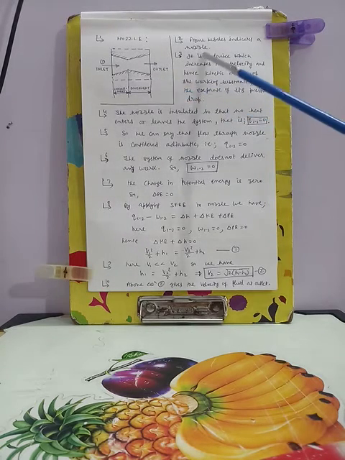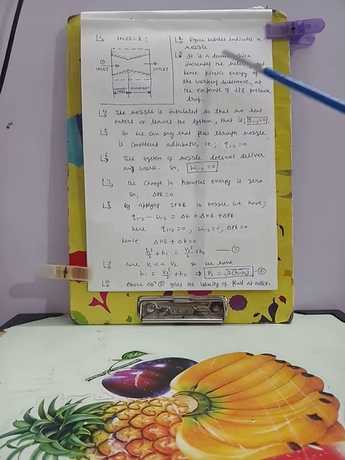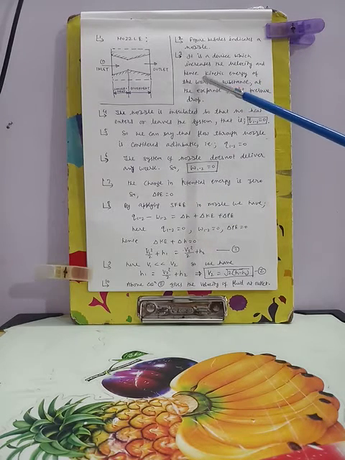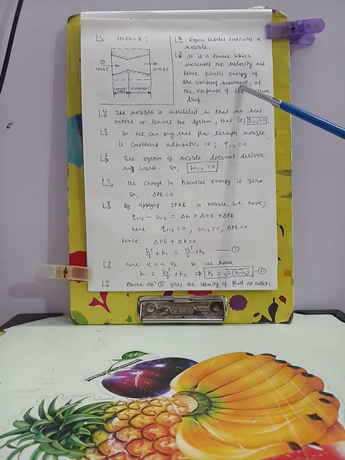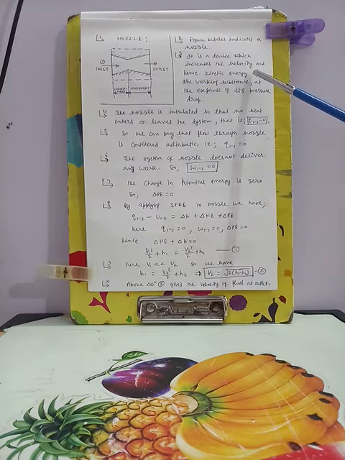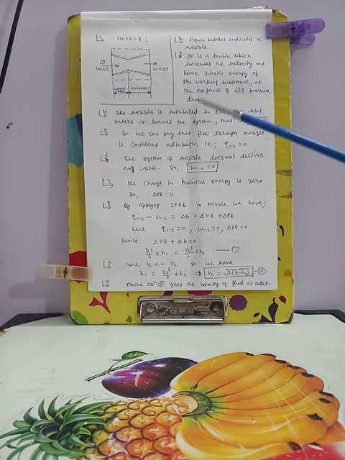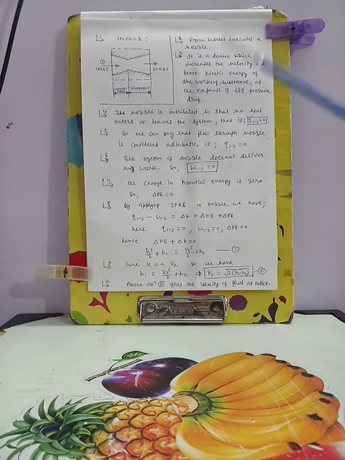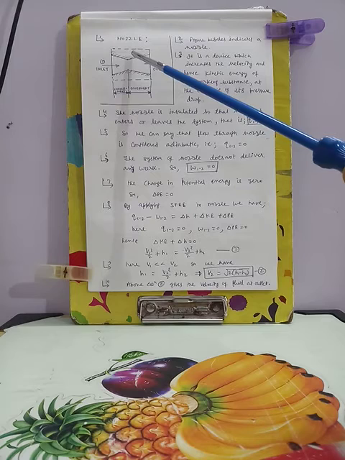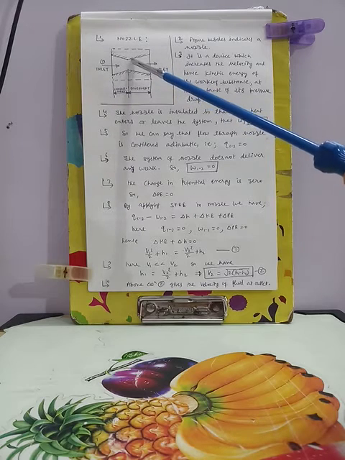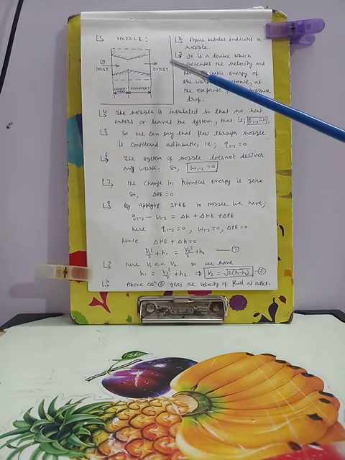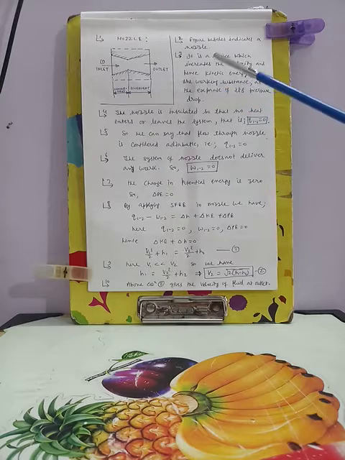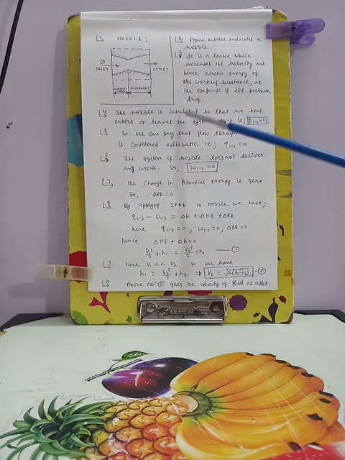So nozzle is a device which increases the velocity and hence kinetic energy of the working substance at the expense of its pressure drop. When kinetic energy increases here, the pressure will drop.